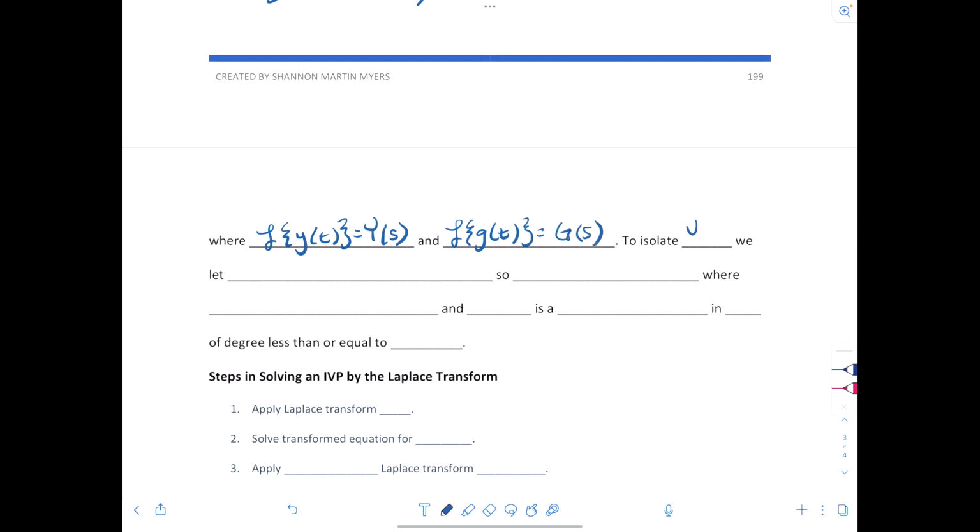So to isolate Y at s, we let P at s times Y at s equal Q at s plus G at s.